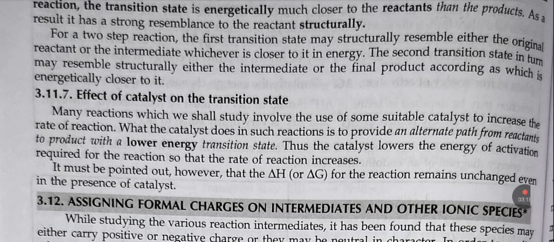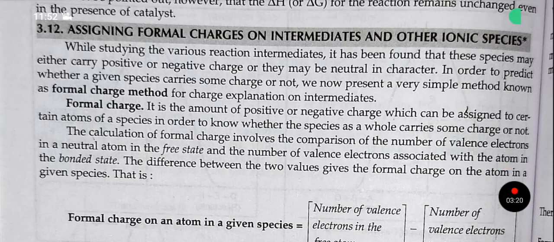even in the presence of a catalyst. Assigning formal charges on intermediates and other ionic species. While studying the various reaction intermediates, it has been found that these species either carry a positive or negative charge, or they are neutral in character.